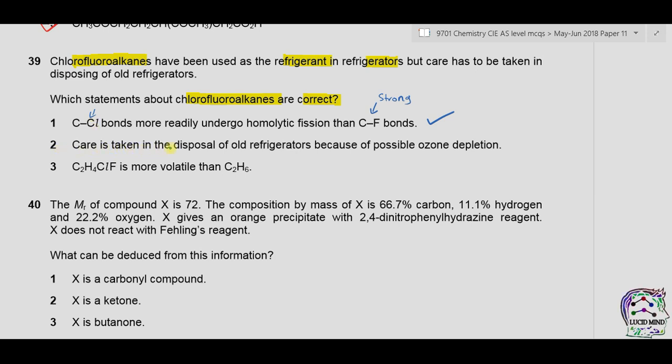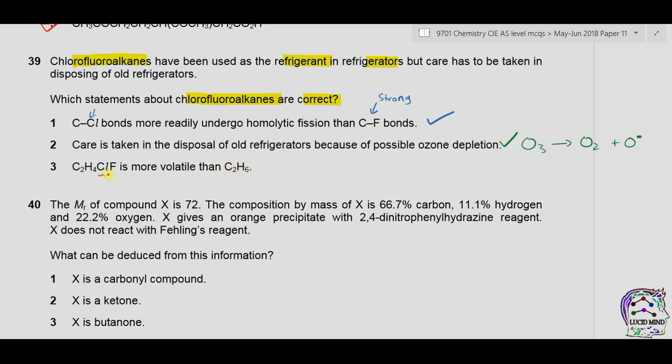2. Care is taken in the disposal of old refrigerators because of possible ozone depletion. Now these radicals that are formed can convert ozone back into oxygen. So therefore this is correct. 3. C2H4ClF is more volatile than C2H6.